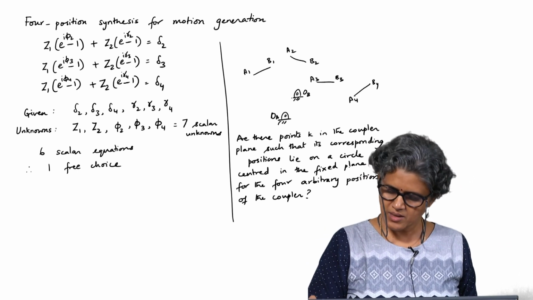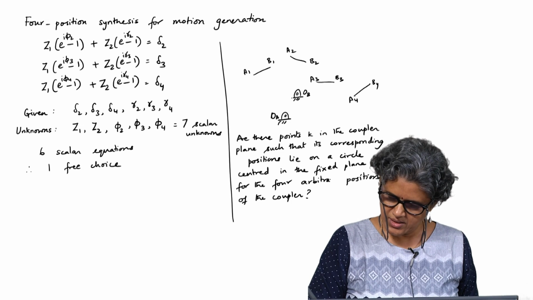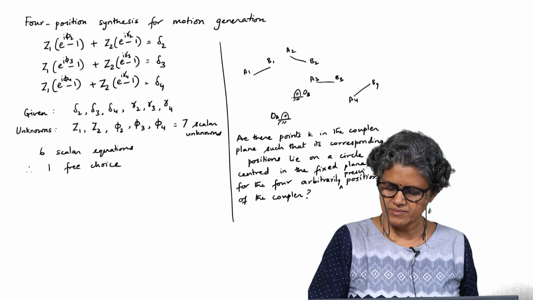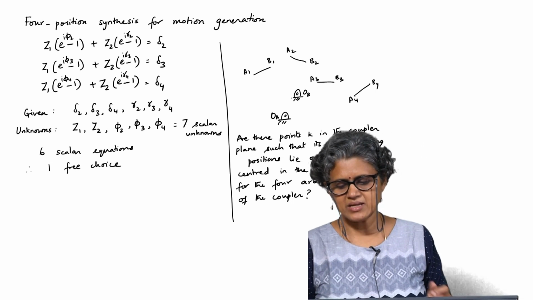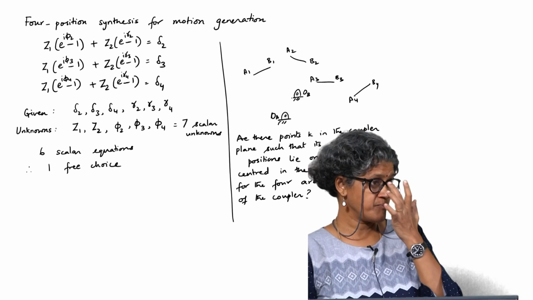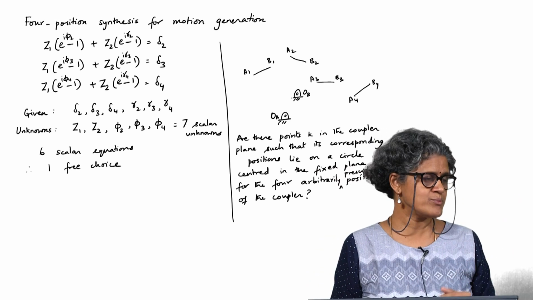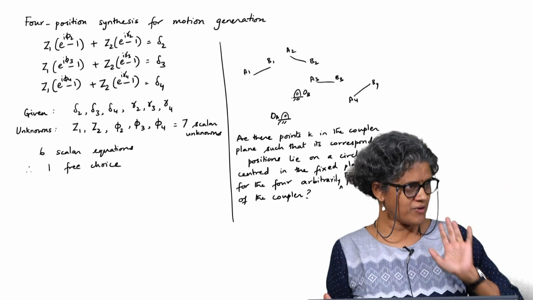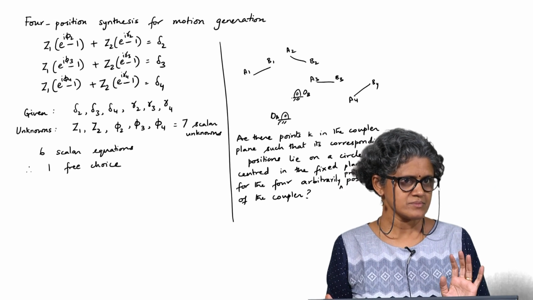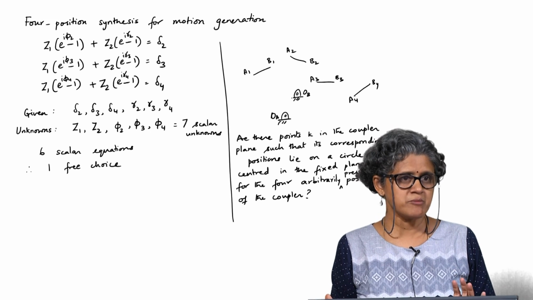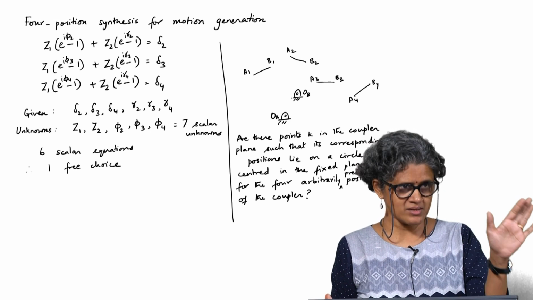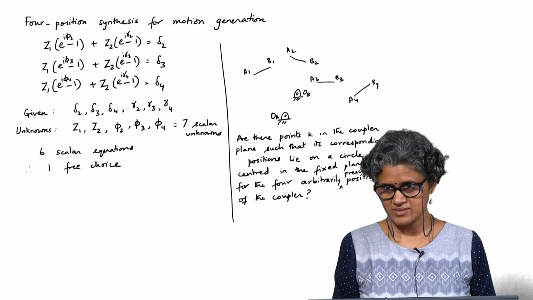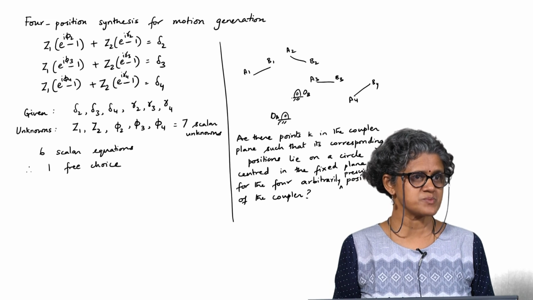Arbitrarily prescribed. That is my design condition, right. I give 4 positions based on some other criteria, but can I now find points on the coupler such that they would still lie on a circle centered in the fixed plane.